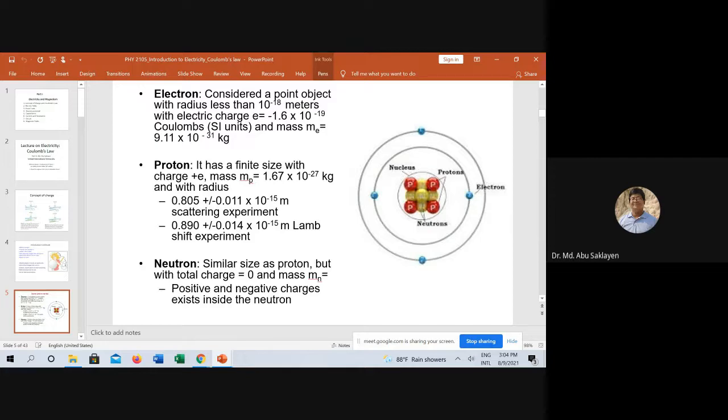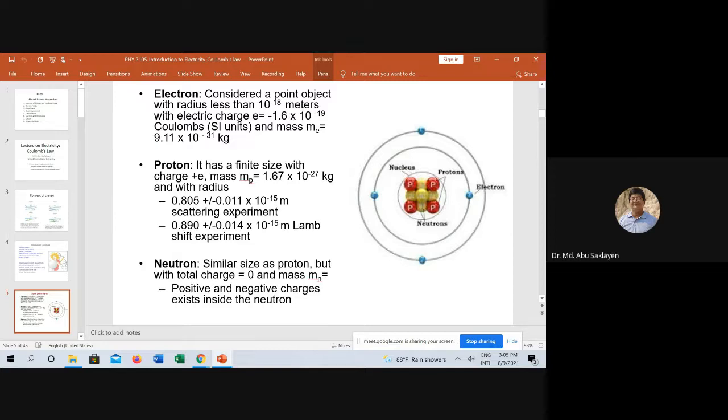Like mass, charge is also a property of the elementary particle, and these are embedded during their creation. Nobody can remove this charge from the electron.